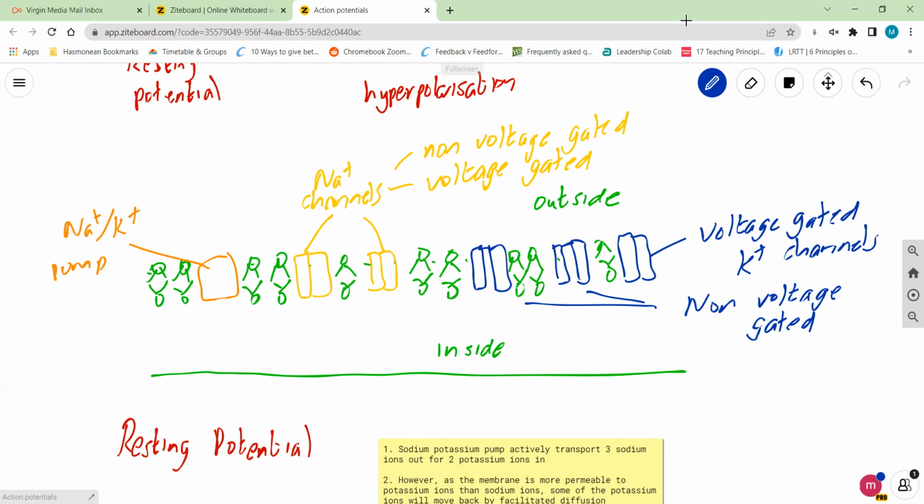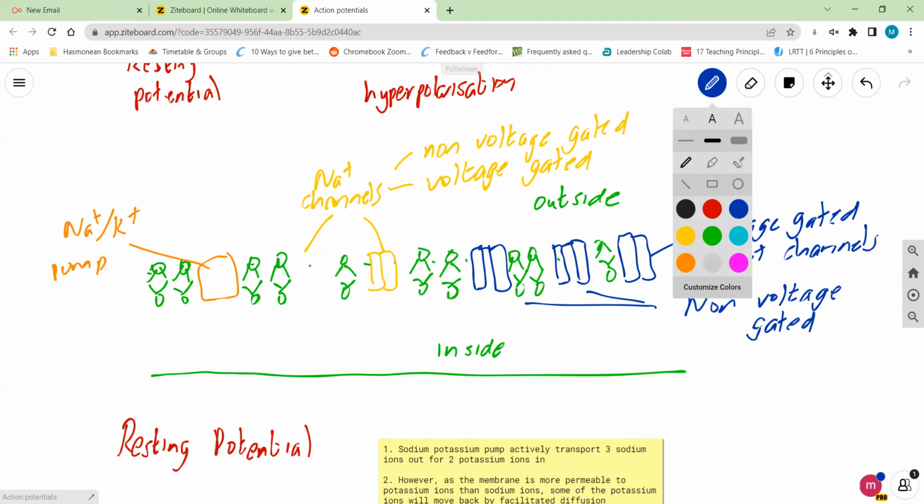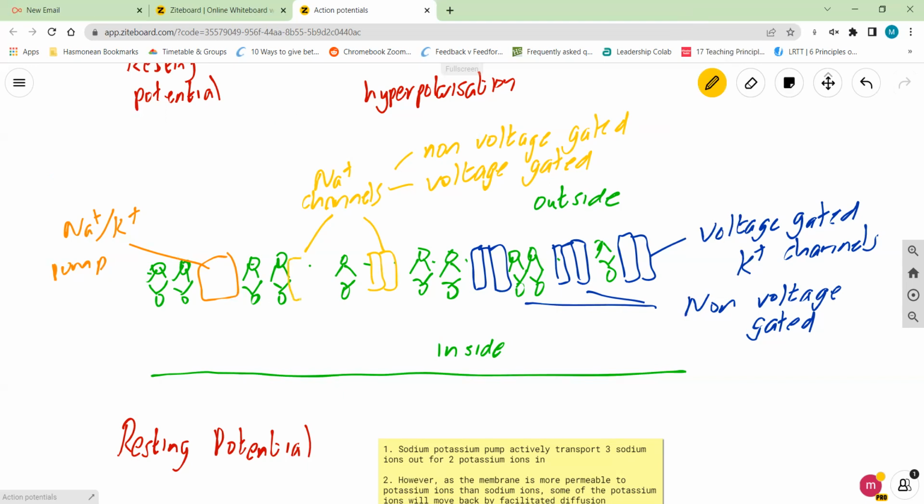However, when you've got a stimulus, what will happen is that the non-voltage gated, so let's assume this is our non-voltage gated, the non-voltage gated sodium channels will open, which means that the sodium ions, which were pumped out before, will now move back in by diffusion.